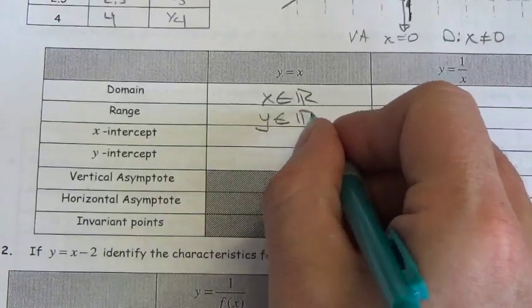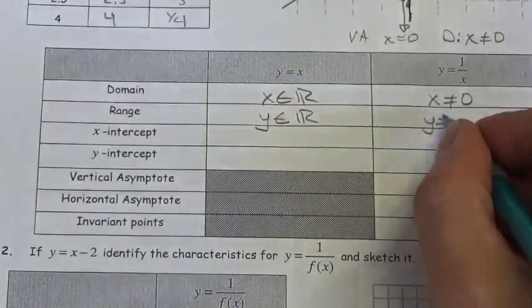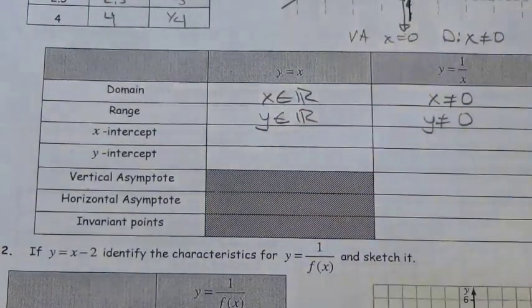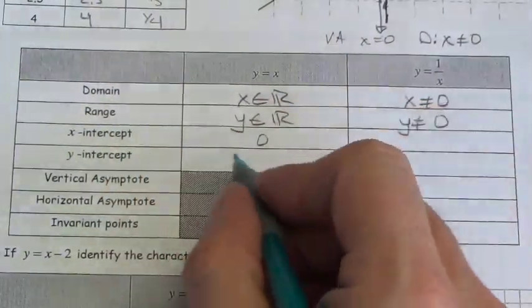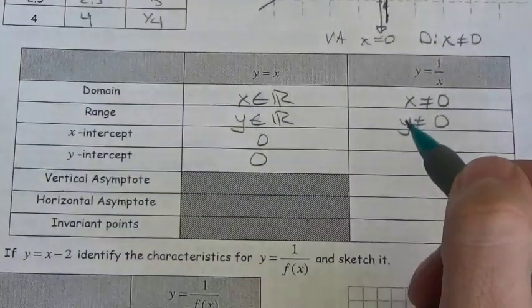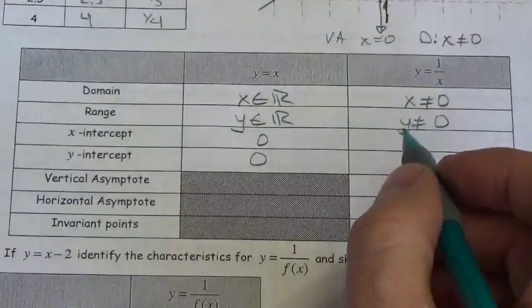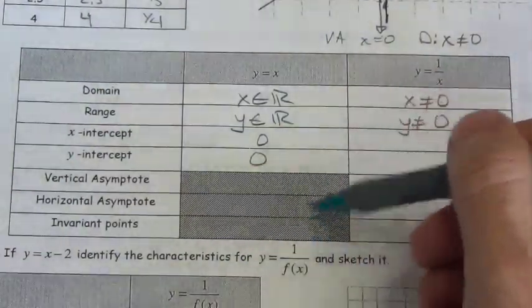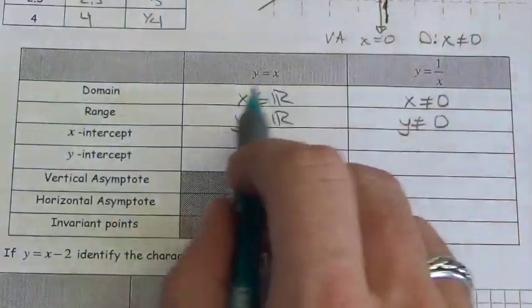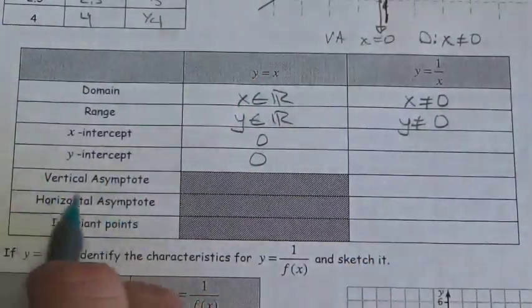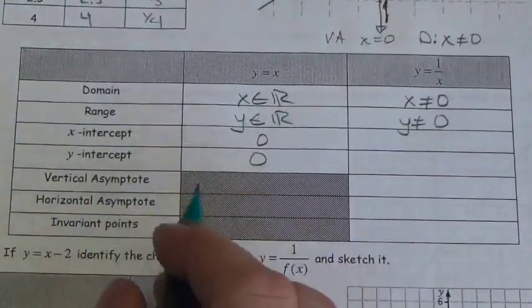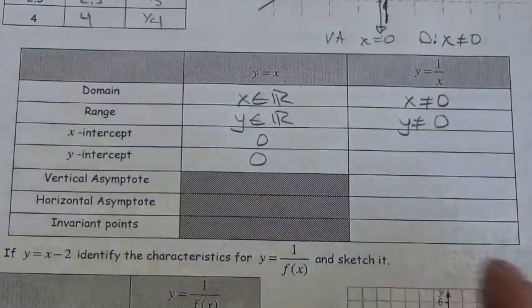For the range, y was an element of the reals, and then for the reciprocal, y cannot equal 0. The x-intercept was 0 for the original function, and 0 for the y-intercept for the original function. Now, notice these are all grayed out here. It's because with the original function, because it's not a rational function, we don't really talk about vertical asymptotes at all or invariant points.